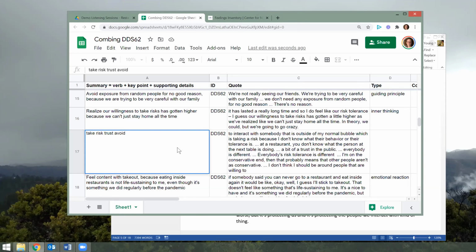Yes. Everybody's different. Avoid. I shouldn't be around. So I think avoid might be a really good word. And also avoid, like make sure, is one of those that indicates it's a guiding principle. So wonderful, we've got a guiding principle. There we go.